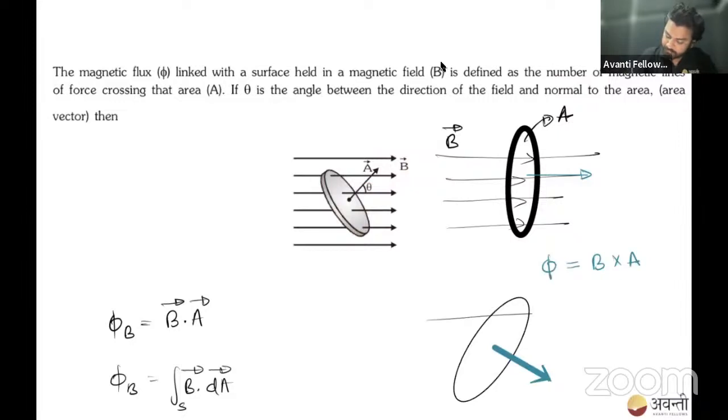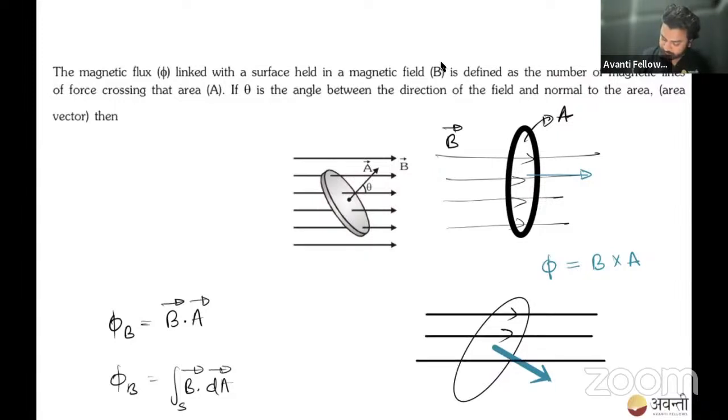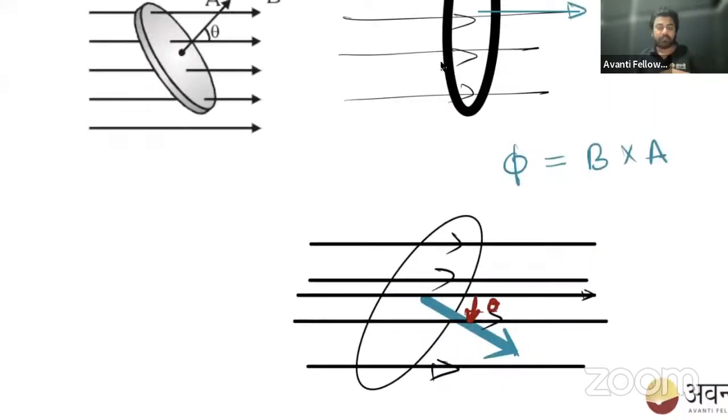We have to see what angle the magnetic field lines make with the area vector, and take the component of the magnetic field lines in the direction of the area vector. So this is the area vector, this is the magnetic field lines.